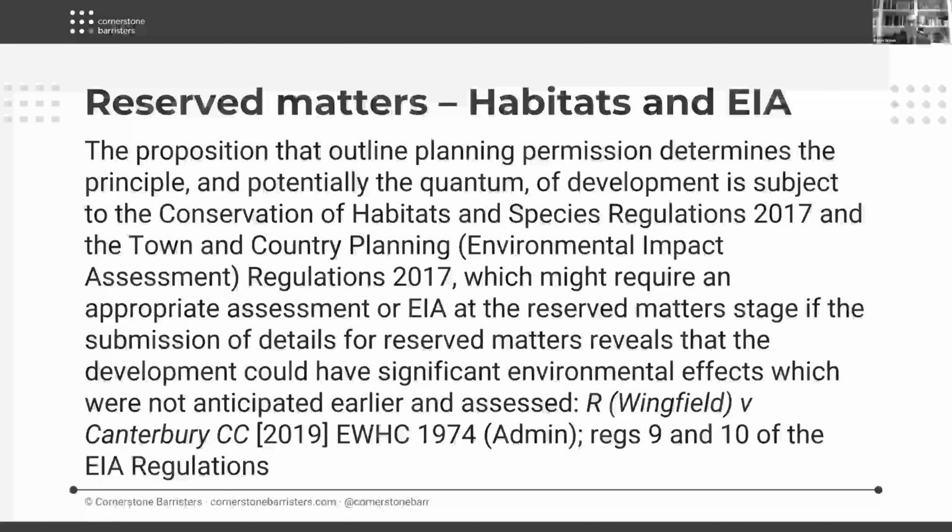And it may be, depending on the results of those assessments, that reserved matters approval would have to be refused. So that is one important exception to the principle that outline planning permissions determine essentially the principle of development.